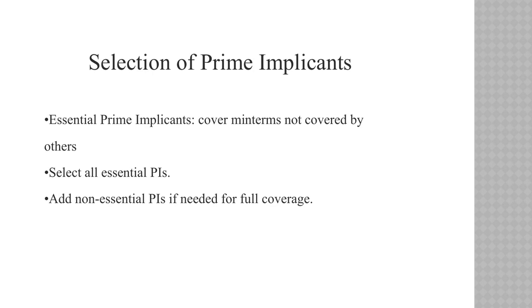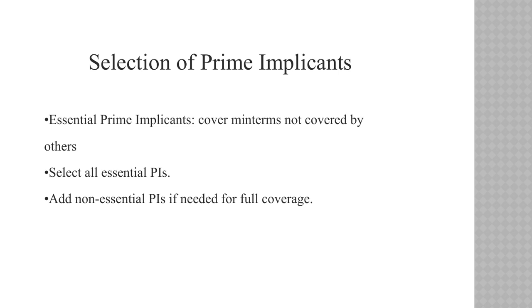Now, let's talk about the selection of prime implicants. The first key point is about essential prime implicants. These are the ones that cover minterms which no other prime implicants cover. Essentially, they are critical for ensuring that all minterms are covered without redundancy. So, the first step is to identify and select all the essential prime implicants. Once we've done that, we need to look at the remaining minterms that might still be uncovered.